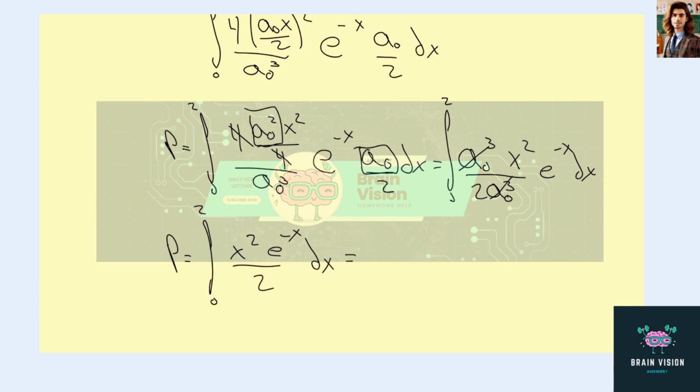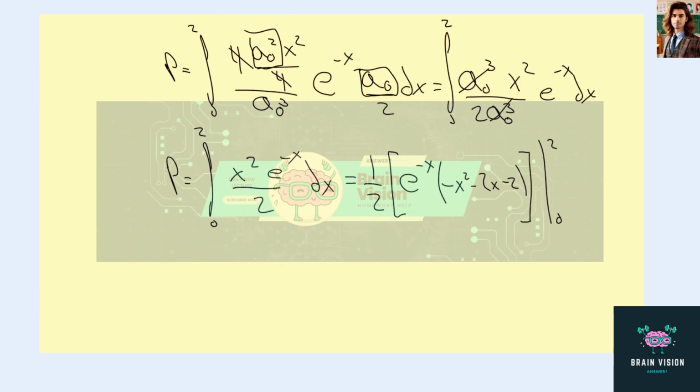This integration can be done by parts, and the result is going to be equal to 1/2 of e to the minus x times the following polynomial: minus x squared minus 2x minus 2, all of this evaluated from 0 to 2. So now the only thing we need to do is replace the values for 2 and 0.